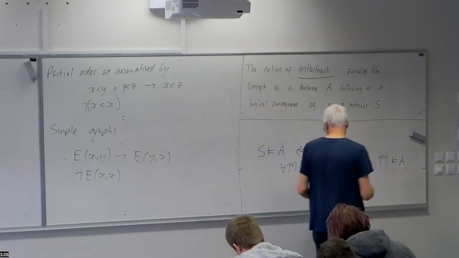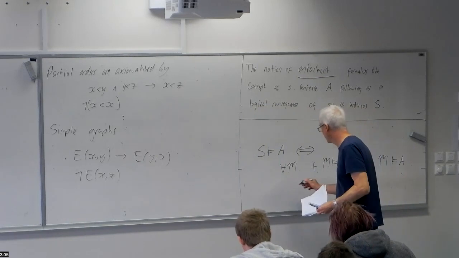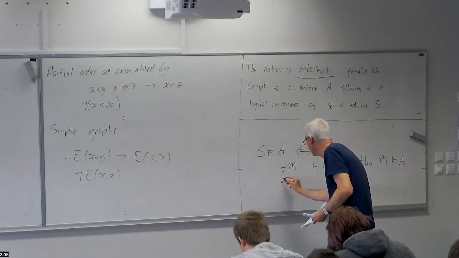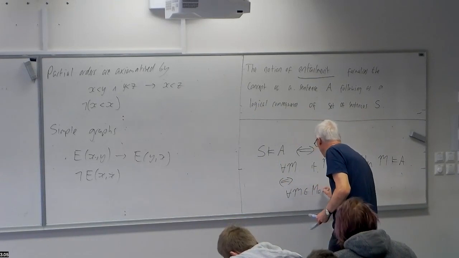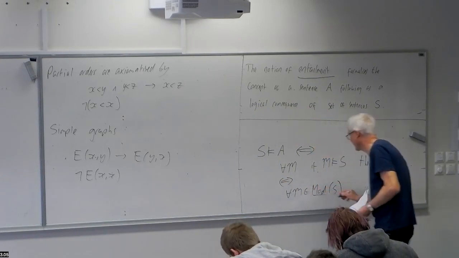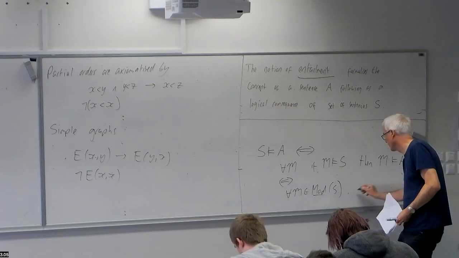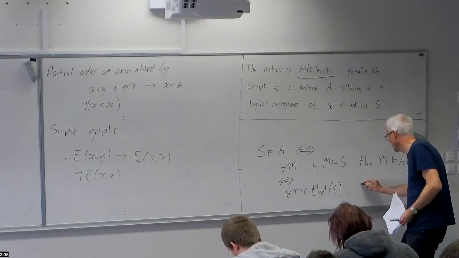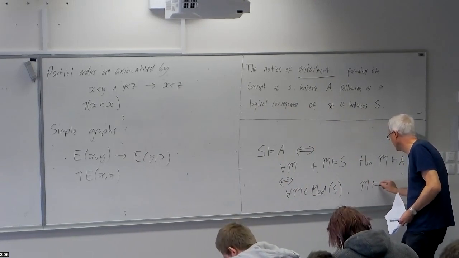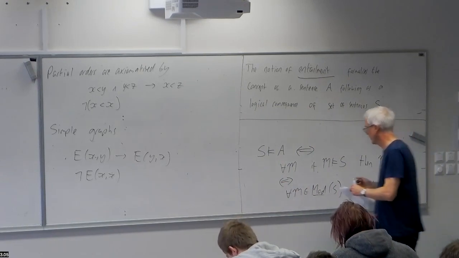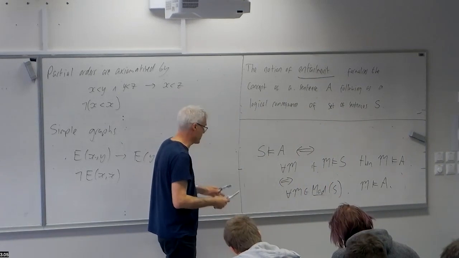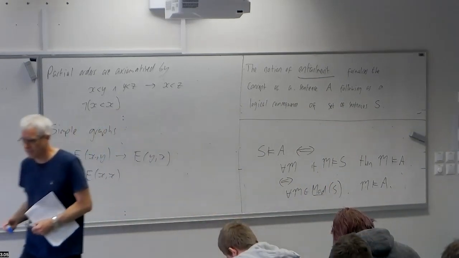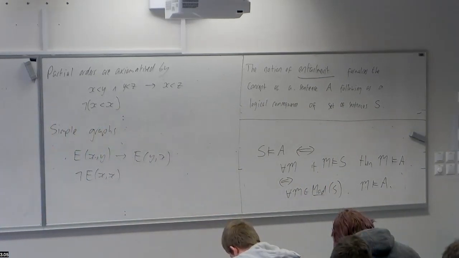Okay? So another way of writing that is for all M in the models of S, saying exactly the same thing. So A is true in every model of S. Okay, so two different definitions there, but they're trivially different.